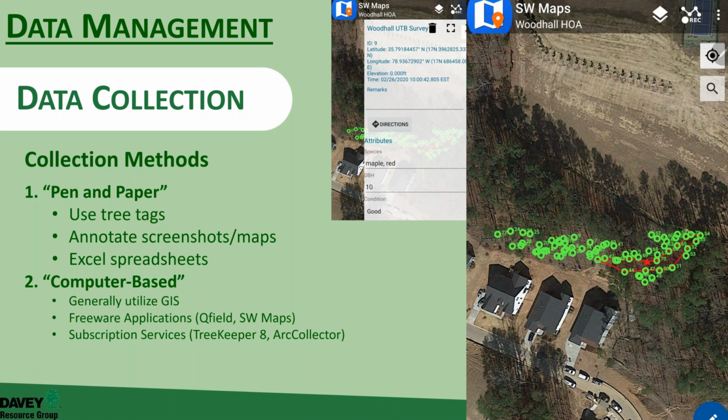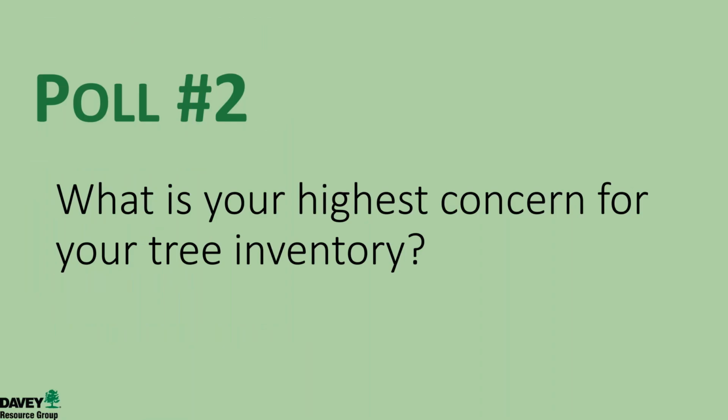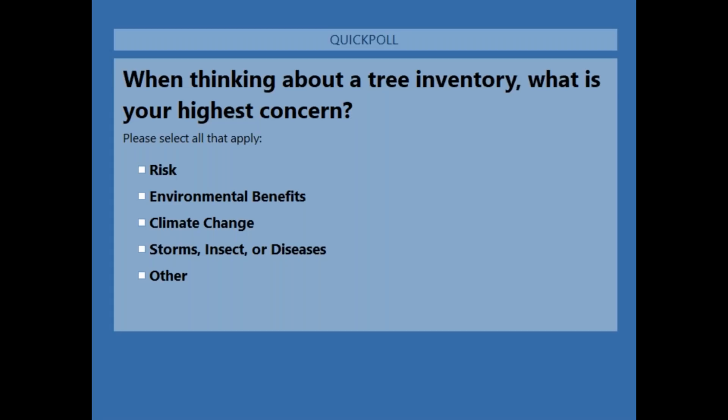So when you're thinking about your tree inventory, I'm interested to know what the highest concern is. We'll do another poll question here real fast, because before you embark on the process, you really need to think about what you want out of it and what your primary goals are.